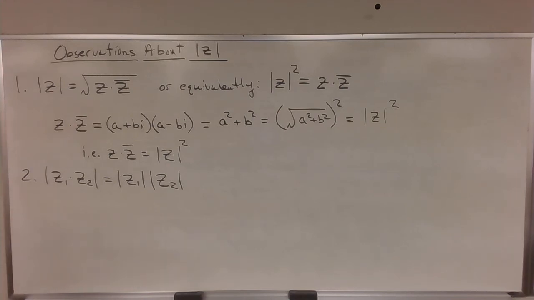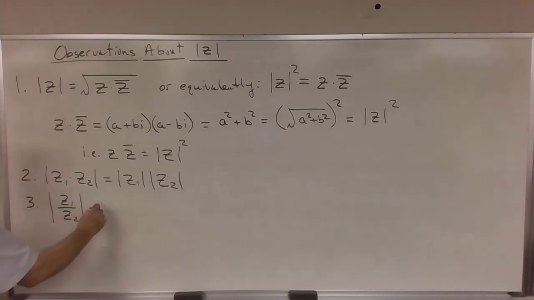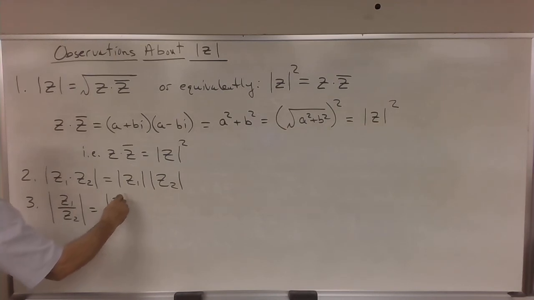And there's a similar or analogous result for the modulus of a quotient. The modulus of z1 over z2 is equal to the modulus of z1 over the modulus of z2.